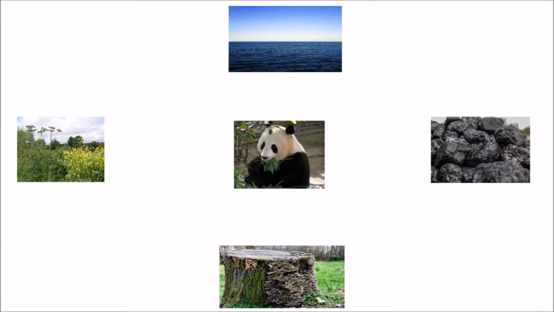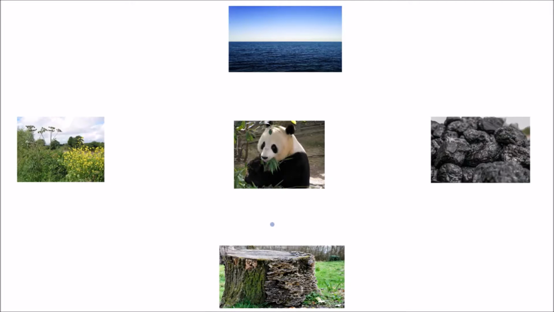It's a picture of a tree stump with fungus on it and mold. So carbon is stored in each of these 5. In the animal cells, in the plant cells, in the air as carbon dioxide, in the water, dissolved in the water. Fossil fuels are made from carbon mostly, and also dead organisms contain lots of carbon.